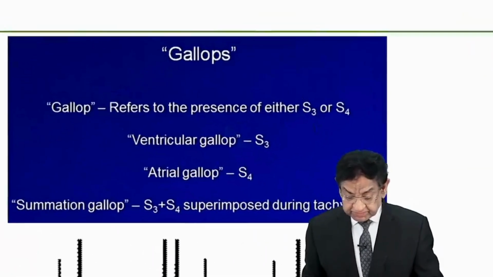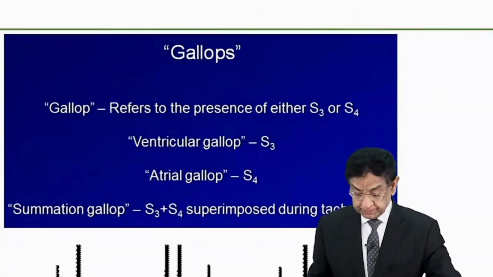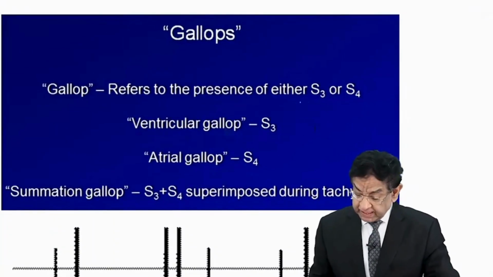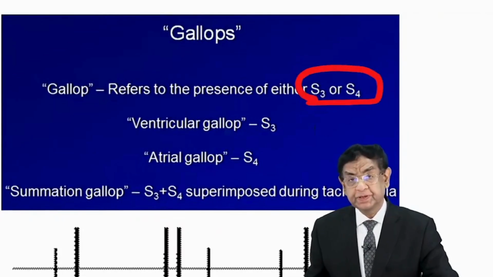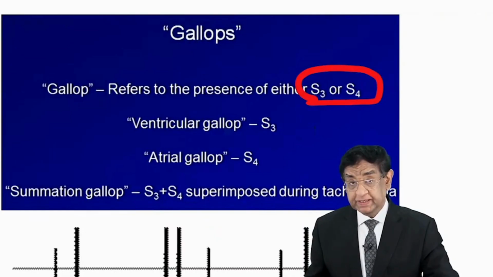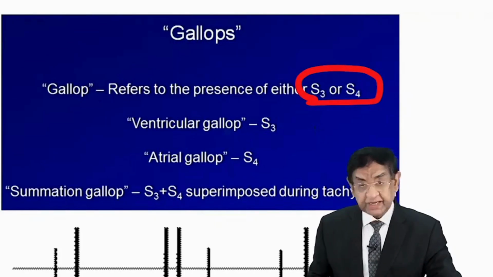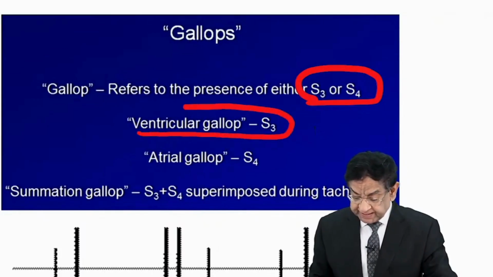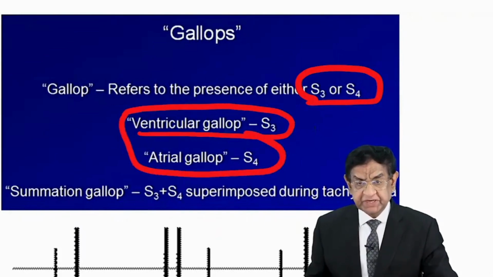Well, now something extra: gallops. Gallop refers to either S3 or S4. Remember, the two extra sounds, if they are present, we call a gallop. S3 we call a ventricular gallop, and S4 is considered an atrial gallop.